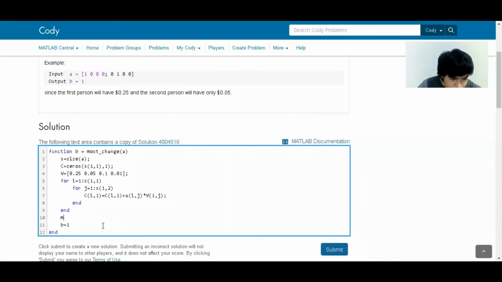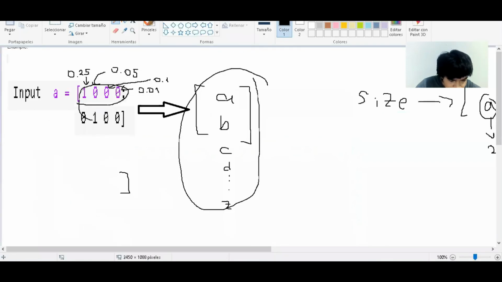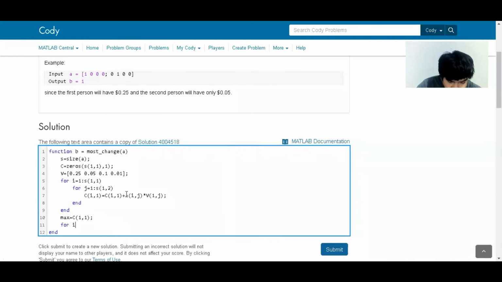Right now we have this vector, and now we need to know what is the maximum value here. So we're going to define a max parameter that is going to start with C11, that should represent the maximum value. And then we're going to evaluate for all the values of C. So that should be something like for I equals 1 through the number of rows, that should be S11.